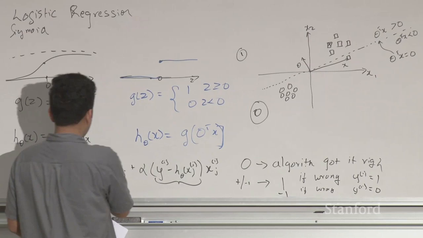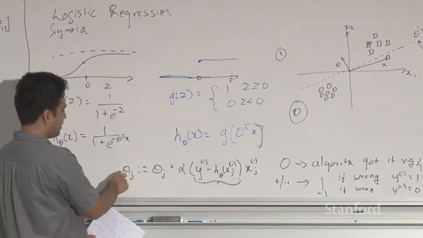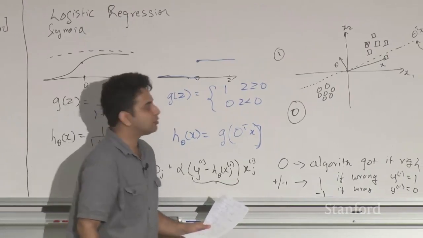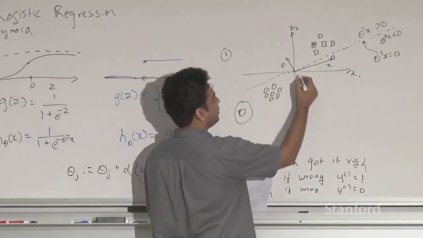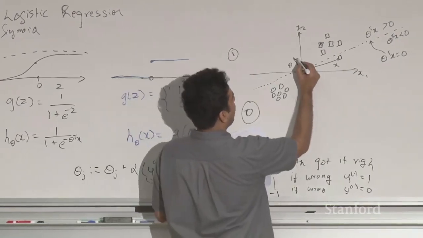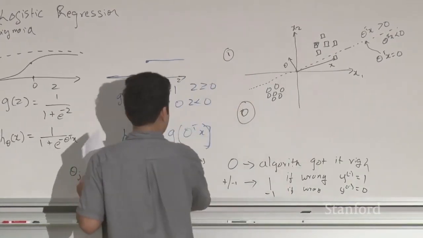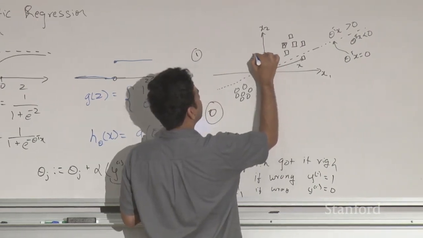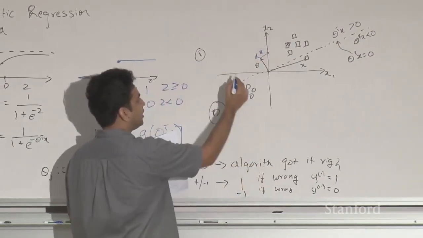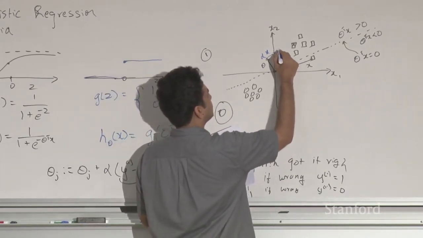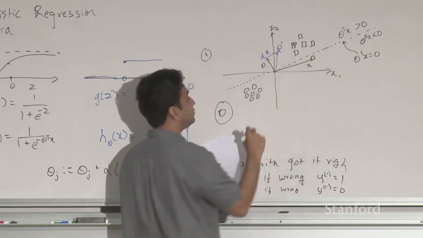And what the algorithm is doing is it sets theta to be theta plus alpha times x, right? So this is the old theta, this is x, alpha is some small learning rate, so it adds alpha times x to theta, and now let's call this theta prime, the new vector.